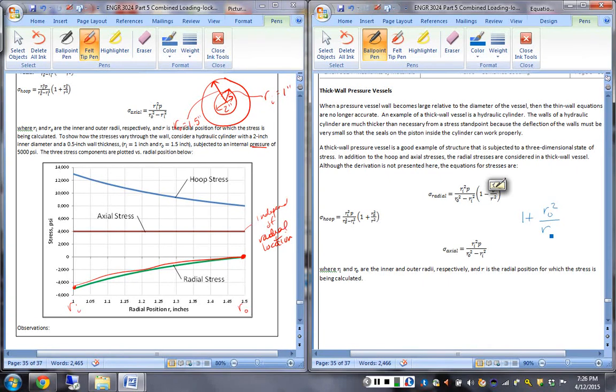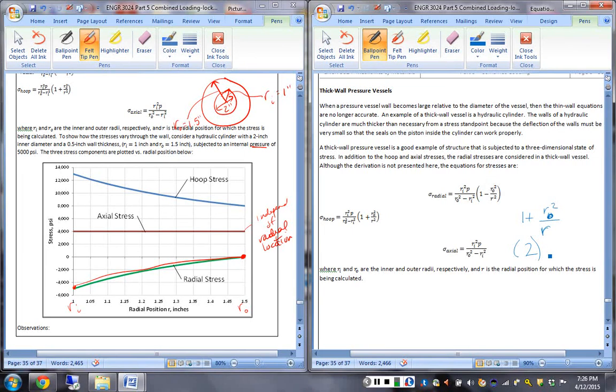As our radial location goes from the inside, which is 1, a smaller number than the outer, and converges to the outer radius, in the radial case the term tends to 0, but in this case this term tends to the value of 2.